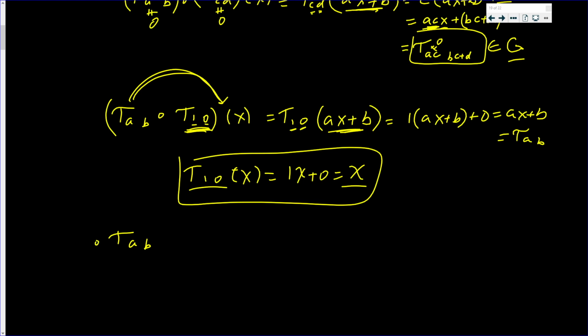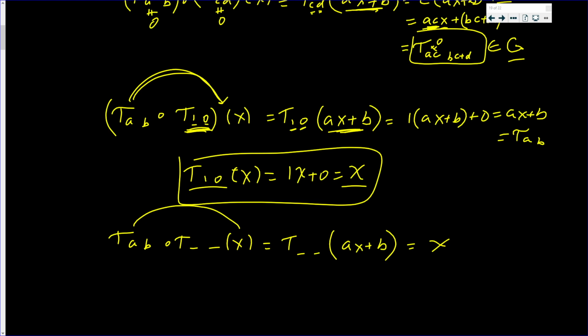Actually, let's do it the other way. I apologize. On x, first we do tau on that, and then we'll do the next tau. That's going to be ax plus b. Now, we want to get back x.